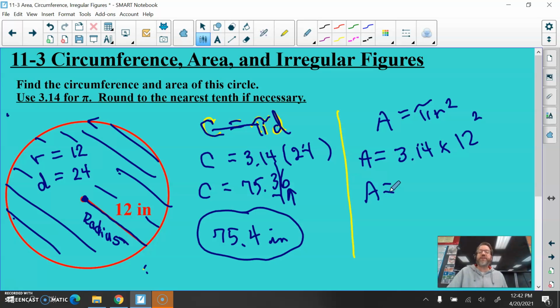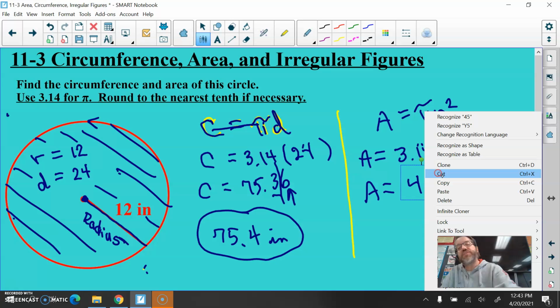If you have a scientific calculator, you can enter 3.14 times 12 and then hit the x squared button and then hit enter and you'll get your answer. I don't have a scientific calculator, so I'm going to find 12 squared first. 12 times 12 equals 144, and then multiply that by 3.14, and I get 452.16. You definitely will want to use calculators.